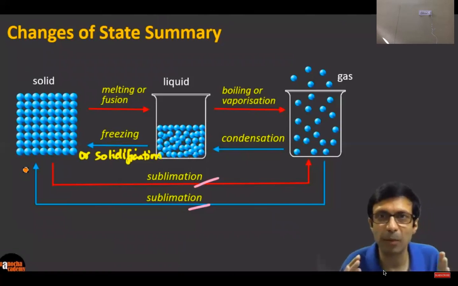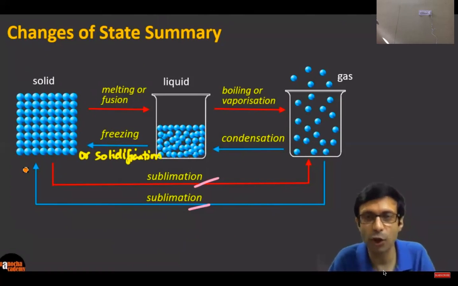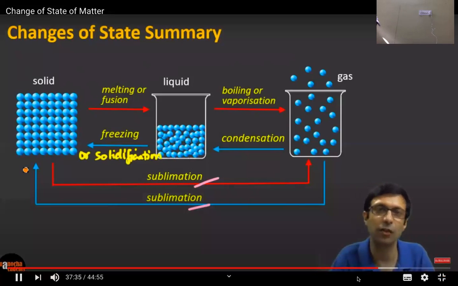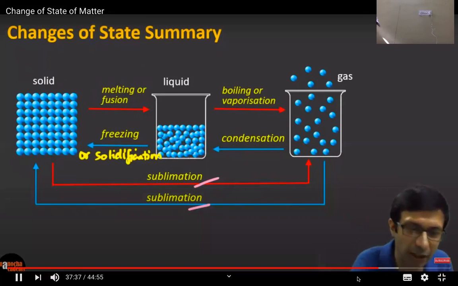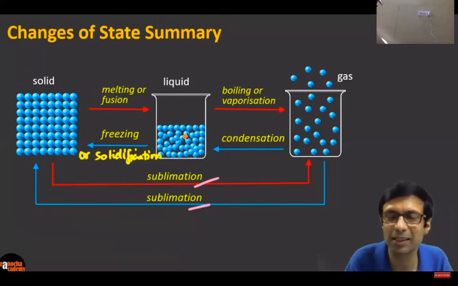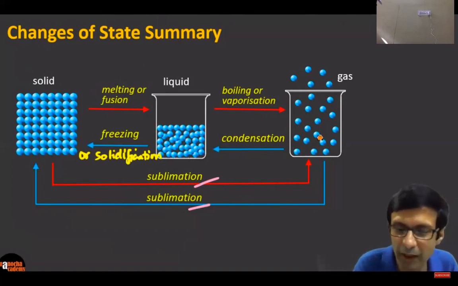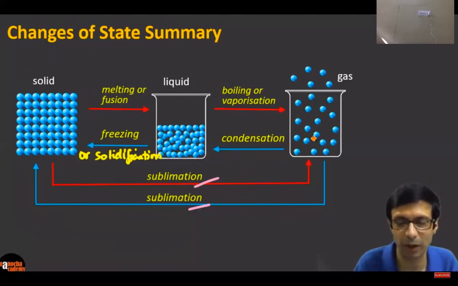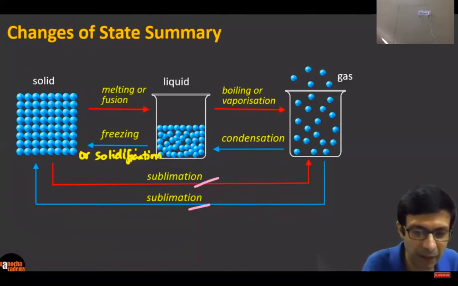So please remember this important summary. I put it there for you, and you can see that visualization of the molecules. In the solid, can you see they're all tightly packed, and when you heat it, they become less tightly packed, it changes into a liquid and then into a gas. Okay, so is that clear? Please remember this really important summary.